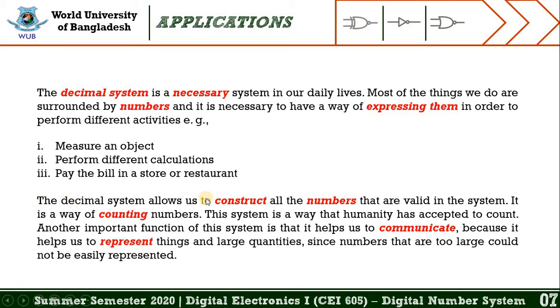The decimal system allows us to construct all the numbers that are valid in the system. It is a way of counting numbers. This system is a way that humanity has accepted to count. Another important function of this system is that it helps us to communicate, because it helps us to represent things and large quantities, since numbers that are too large could not be easily represented. Now we can move into the next slide.